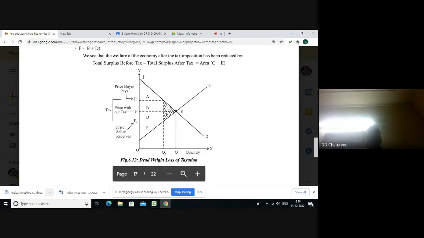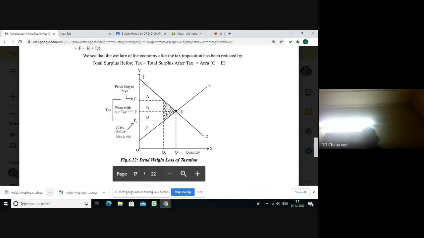Suppose a consumer goes to the market, he is prepared to purchase a product at 100 rupees, but actually he is making payment of only 80 rupees, then 20 rupees will be consumer surplus, a bonus or benefit to the consumer.